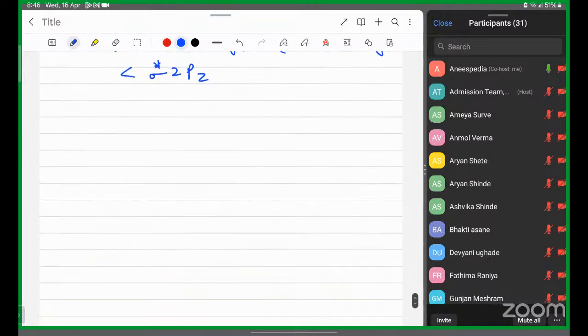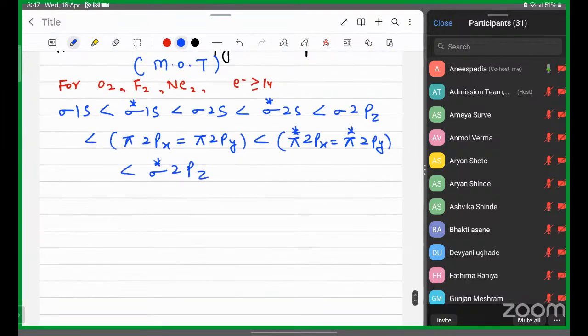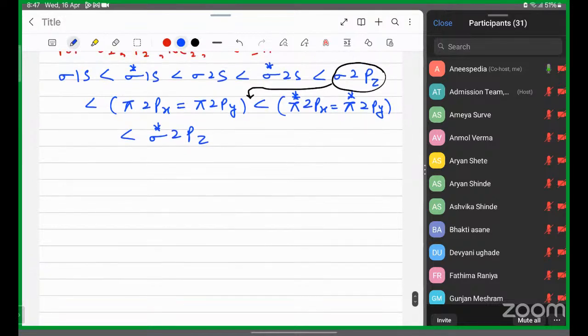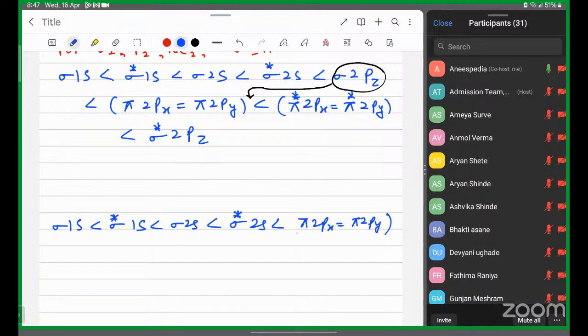Next, there will be another series. In that series, this particular molecular orbital will go somewhere here. The series will be sigma 1s, sigma star 1s, sigma 2s, sigma star 2s. Then we will have pi 2px equals pi 2py, and then we will have sigma 2pz.